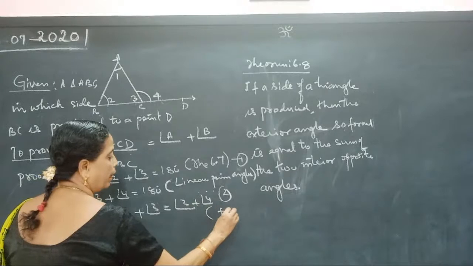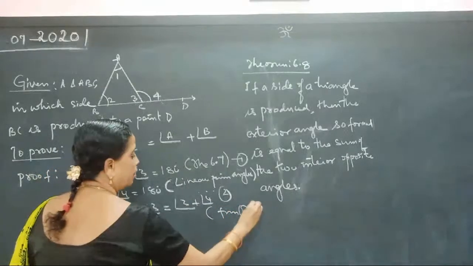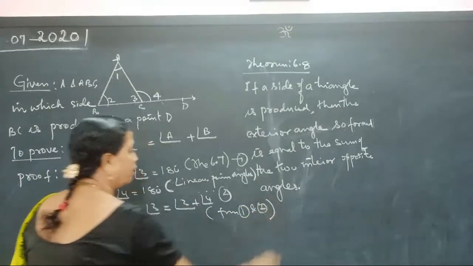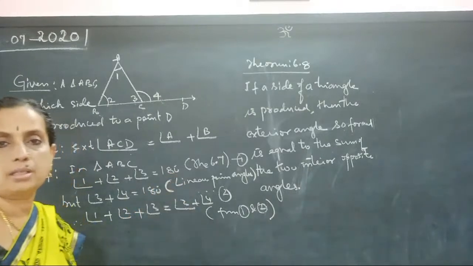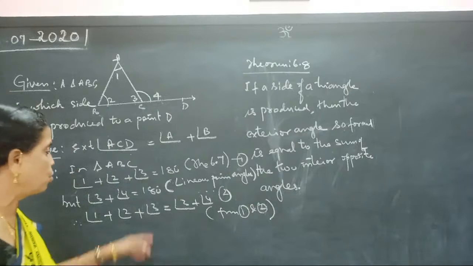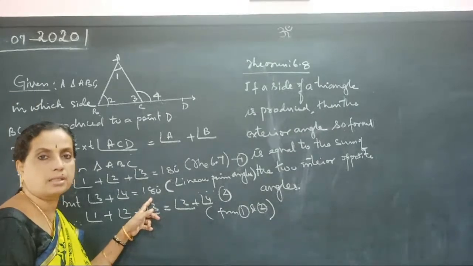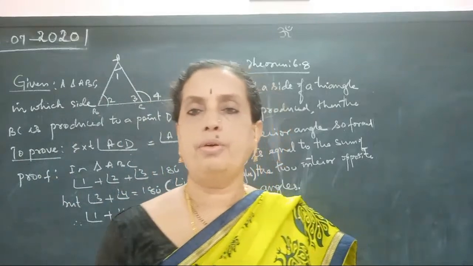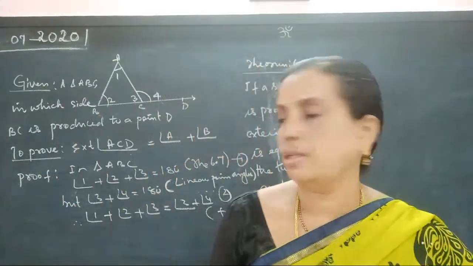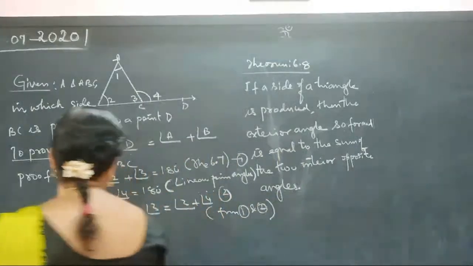In the bracket you write from the result 1 and 2. So in equation 1 you have 180 degree in the RHS. In equation 2 also you have 180 degree in the RHS. When RHS of the two equations are equal, we could equate their LHS. Now cancel out the common angle.